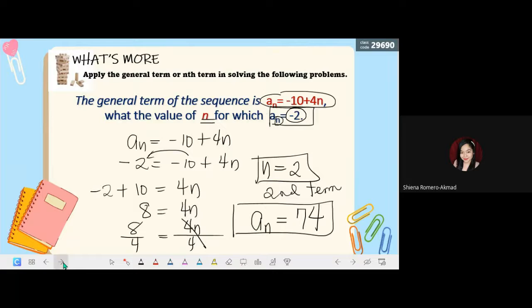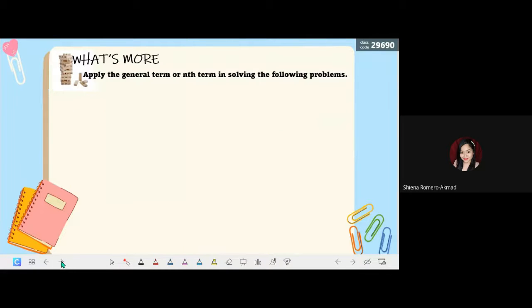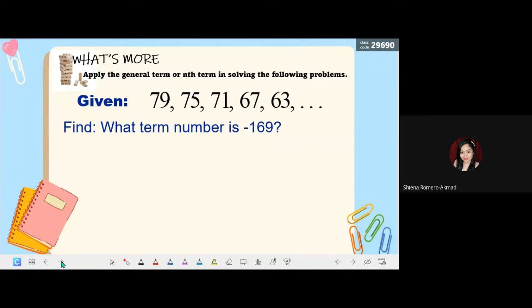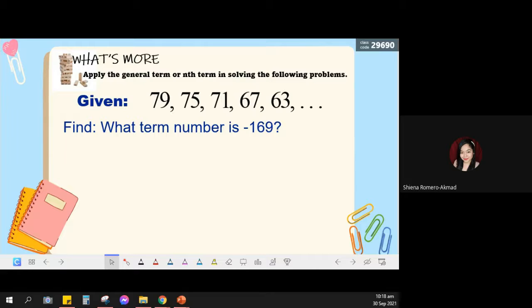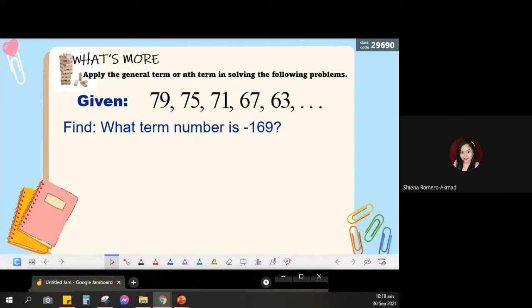Magkaiba, anak. Hindi mo pwedeng gamitin to kasi magiging iba. Kaya ako napansin na mali yung sinasagutan, kasi wala po tayong decimal or fraction when it comes to n. Okay? So, ano dapat yung gagamitin mo dyan?